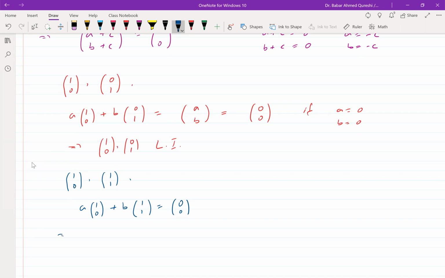So this implies that this is 0, but that means b is 0 and a plus b is 0. But if b is 0, then a plus b is 0 implies a is 0. So again, both a and b have to be 0. So that means these two are also linearly independent among themselves.